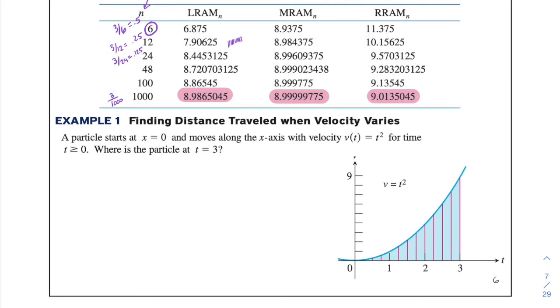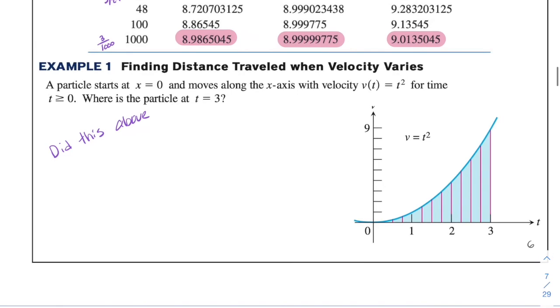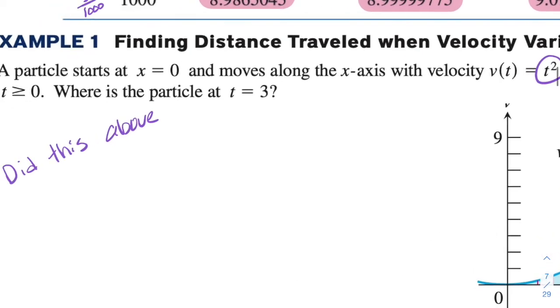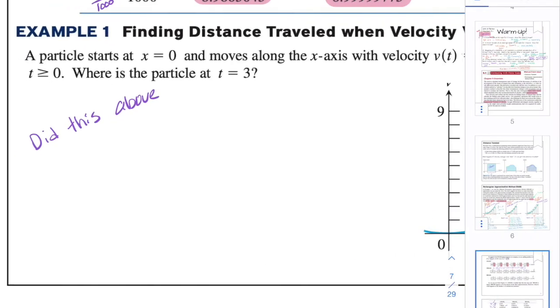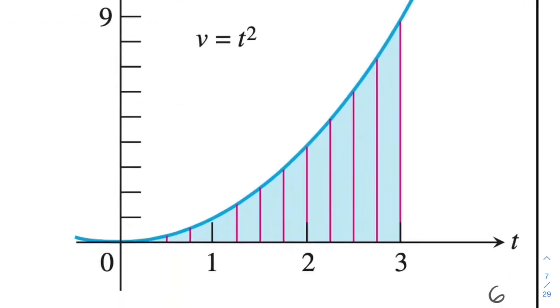So this one, example 1, we did above. It's the same thing, t squared, and 0 to 3, we did. We just didn't break it into the amount of subintervals that they did. This would have been way, way, way too much.